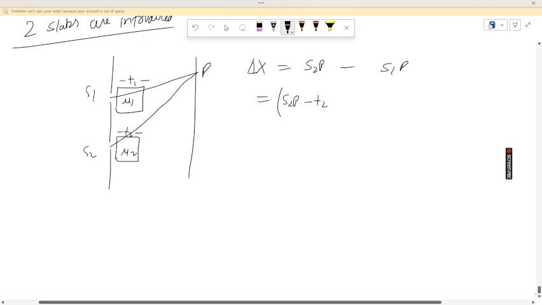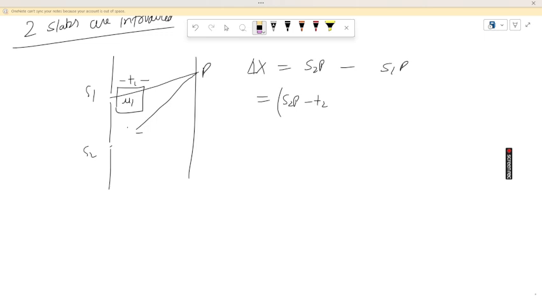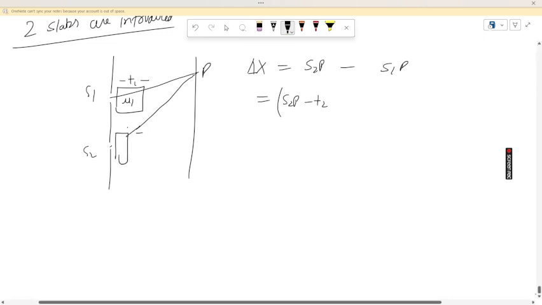Similarly, as we have written without slab, the ray going to P traveled some distance without the slab, so S2P minus t2 plus in this medium the optical path length is mu2 t2. Similarly we can write S1P minus t1 plus mu1 t1.